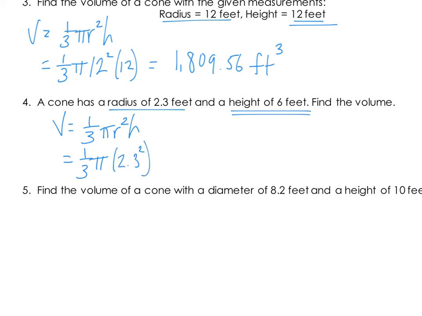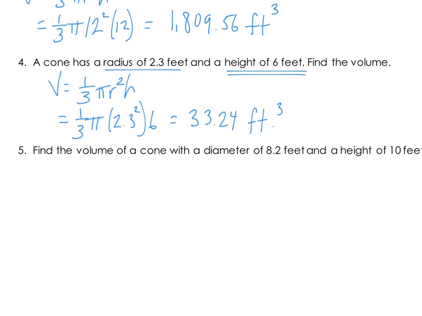We're going to square that, and then multiply that by our height of 6. We do all that, 33.24. Can you imagine having to do all those calculations by hand? That would just be disgusting, wouldn't it? Thank you for inventing calculators, Mr. Calculator, or whoever you are.